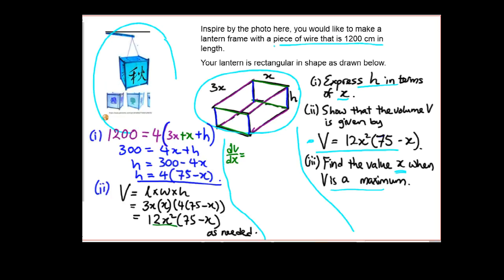So the first one will be 24x, that is the derivative of the first part, keep the second part constant, plus keep the first part constant, and then take the derivative of the second part. In this case, it's negative 1. So I will have 24x times 75, and then minus 24x squared, and then minus 12x squared.